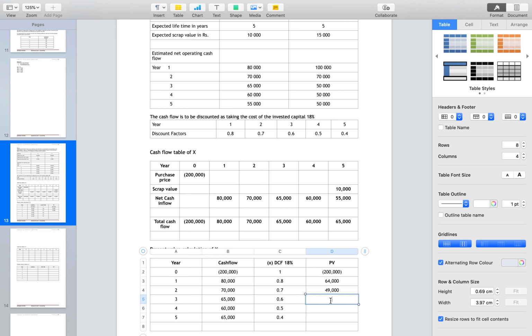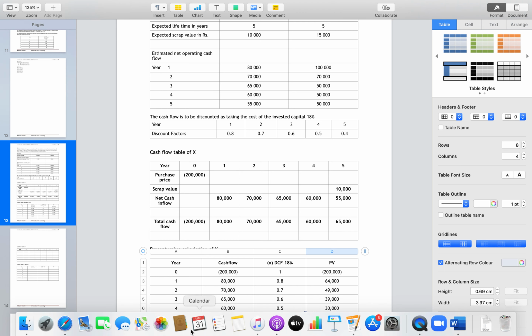Right, 65,000 into 0.6 will be 39,000. So 60,000 into 0.5 will be 30,000, and 65,000 into 0.4 will now be 26,000.